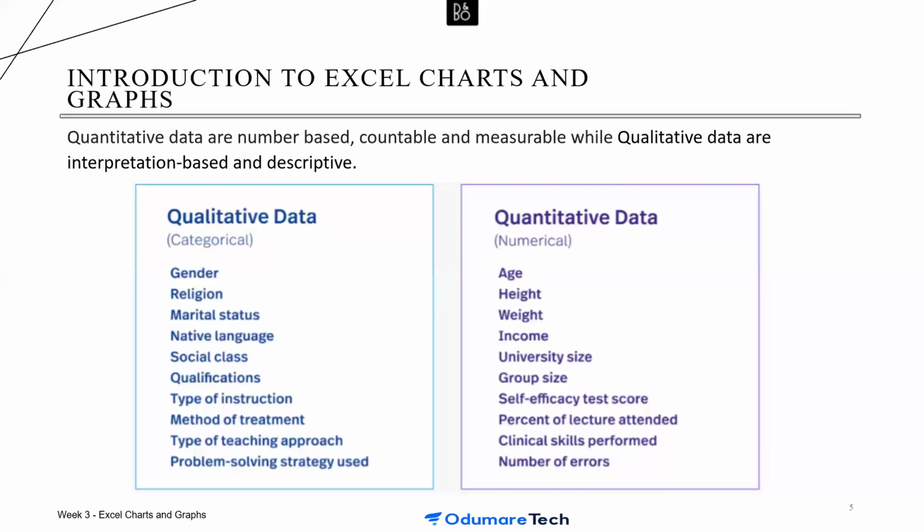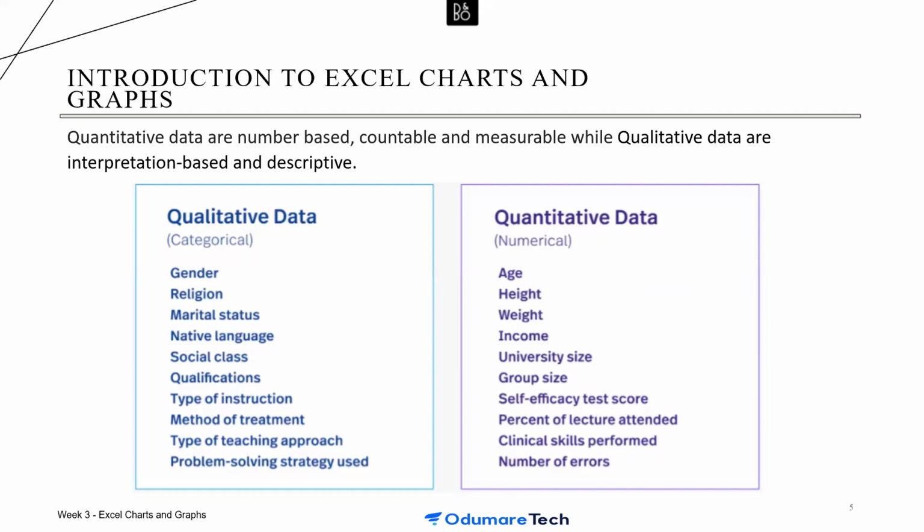Sometimes also religion. Religion is just telling you whether Christian, Muslim, or whichever type of religion that you belong to. Those are qualitative data. It doesn't have any numbers or any figures within it. Marital status, married, single, the same thing. Native language, the same thing.